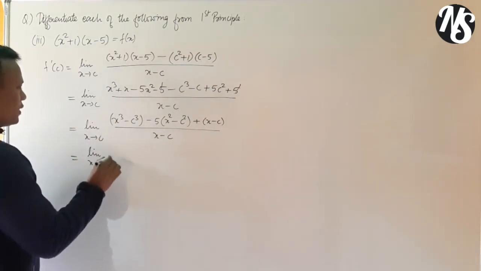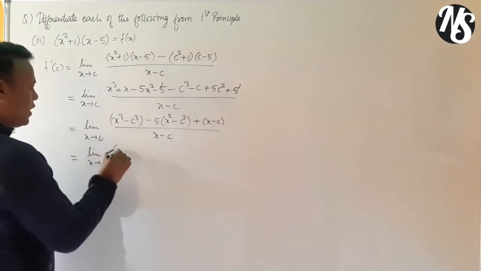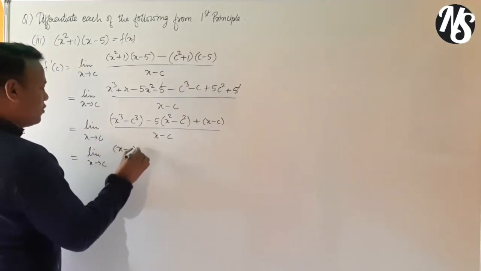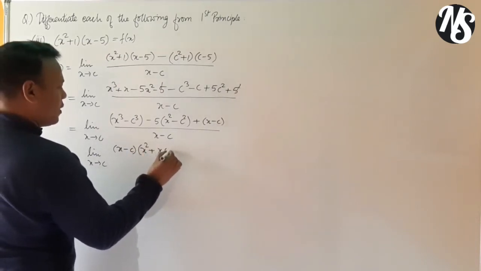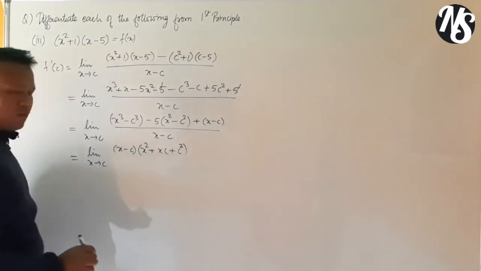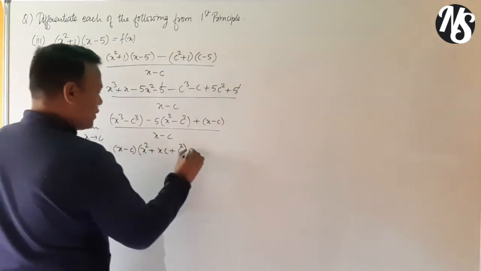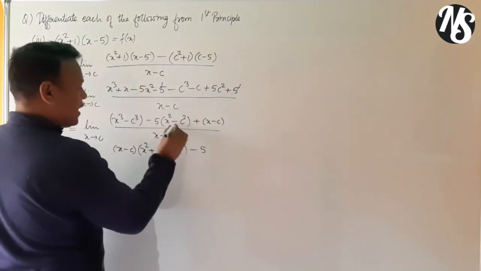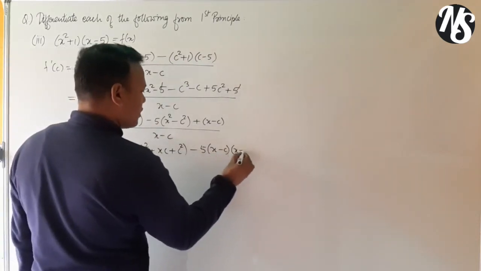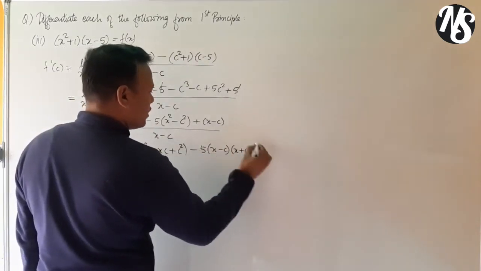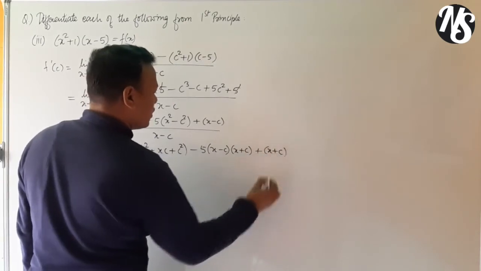The formula says a cube minus b cube is (a minus b), that is x minus c, into (a square plus ab plus b square). And for minus 5, this is a square minus b square, that is (a minus b) into (a plus b), so x minus c into x plus c.